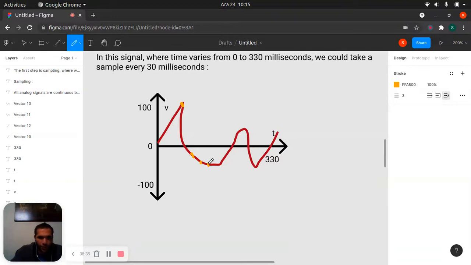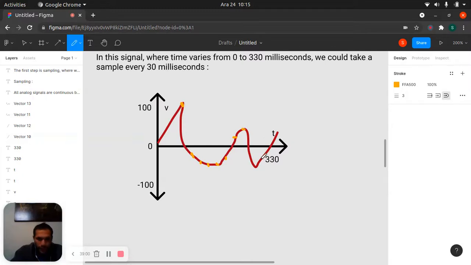Again 3, 4, 5, this point, and here we have 1 and 2.